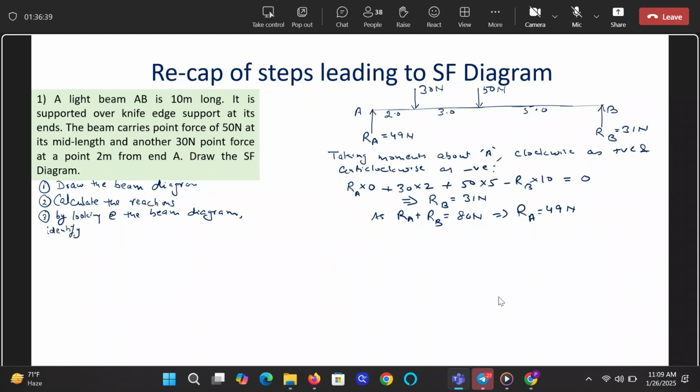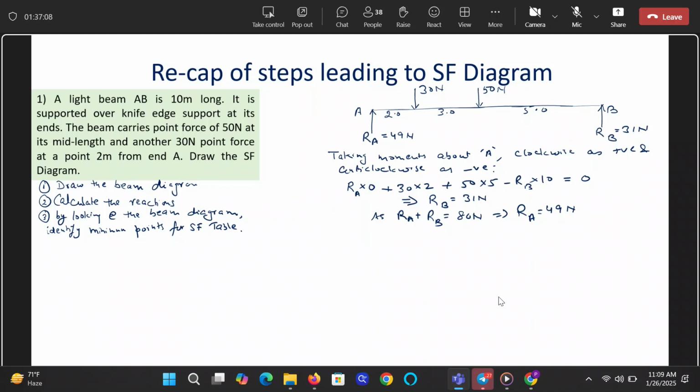Identify minimum points for SF table. That means instead of 14 points, what is the minimum number of points I should take for making the SF table? Why? When the word is minimum, not maximum, guys.